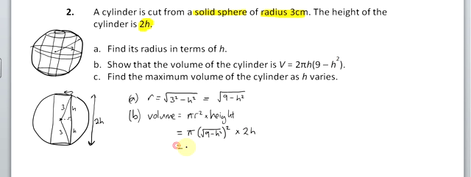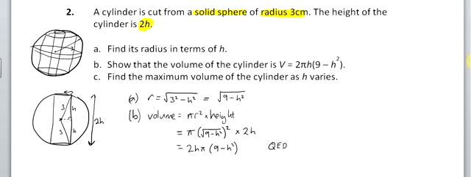And that will simplify to 2h pi. If we square this, it cancels out the square root, so we're left with 9 minus h squared. And as you can see, we've just done part B. We have shown that.